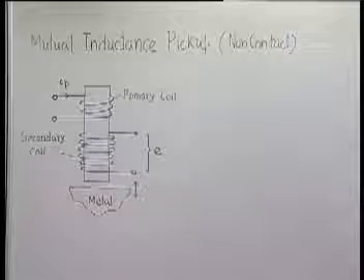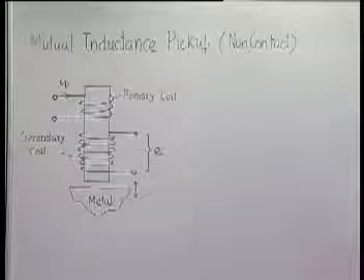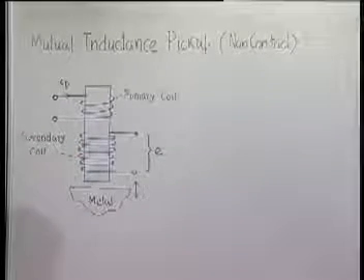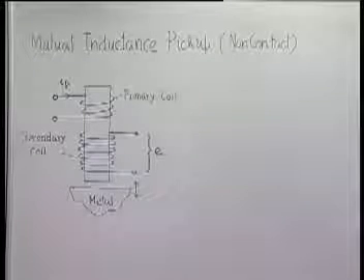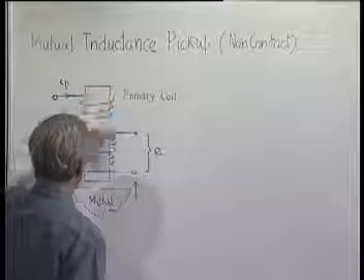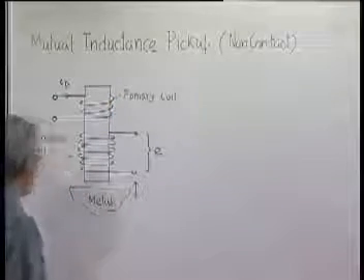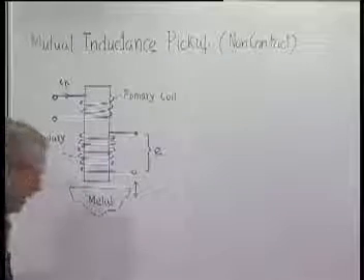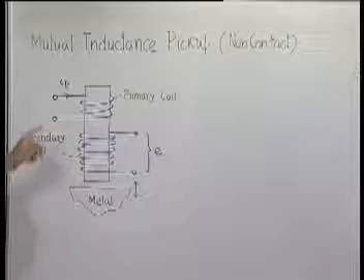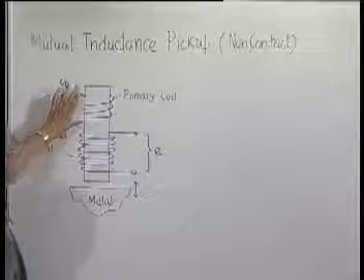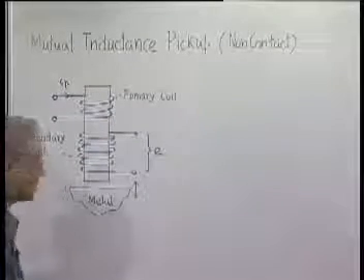So the next type of pickup is based on mutual inductance, and it is again a non-contact pickup. Here there are two coils around the same core. One is the primary coil and the other is the secondary coil, and we pass a primary coil current IP, so that a field is established.